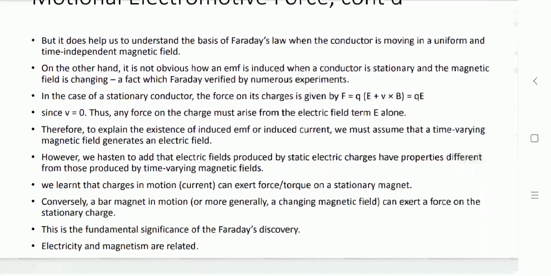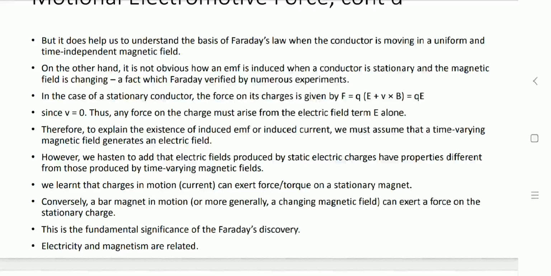Here it helps us to understand the basic Faraday's law when a conductor is moving in a uniform and time independent magnetic field. In another case, it is not obvious how an EMF is induced when a conductor is stationary and the magnetic field is changing.